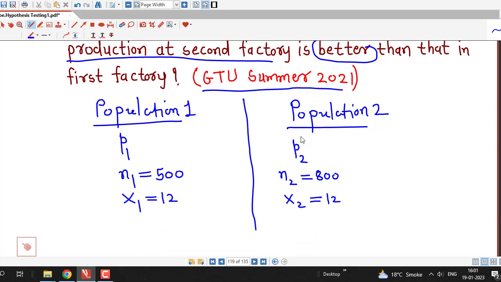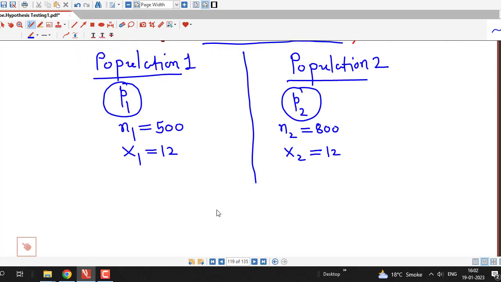Production in the second factory will be better than the production in the first factory if the proportion of defective items in the second factory is smaller than that in the first factory. So if we can show that P2 is less than P1, then we can say that production at the second factory is better than production at the first factory.